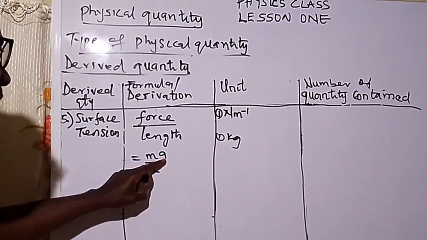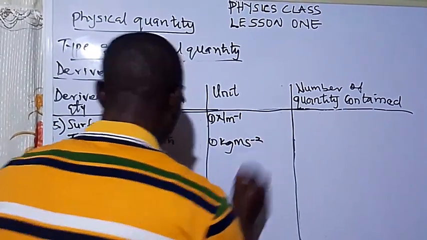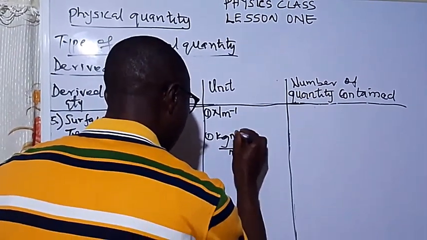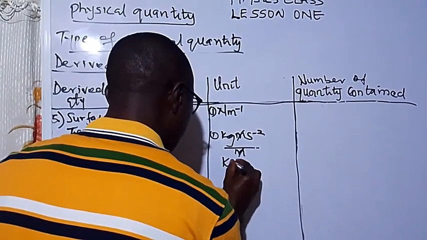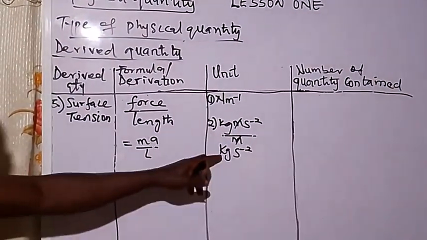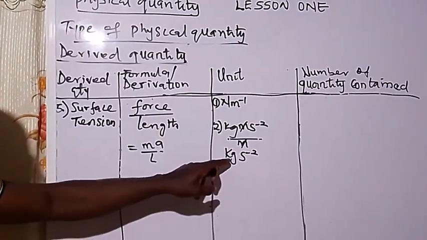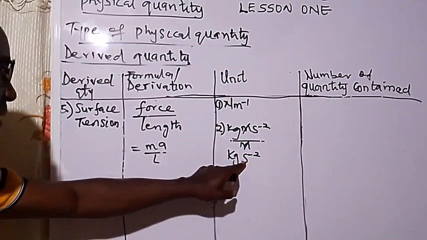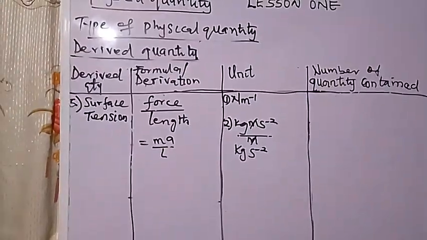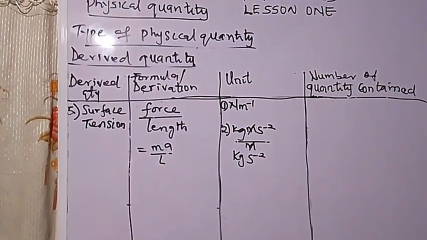Acceleration in physics is meter per second square. This is another meter, so we can say over meter. Then we cancel meter against meter, so we now have kilogram per second square. This will be another unit of surface tension apart from Newton per meter. So we can see kilogram per second square.